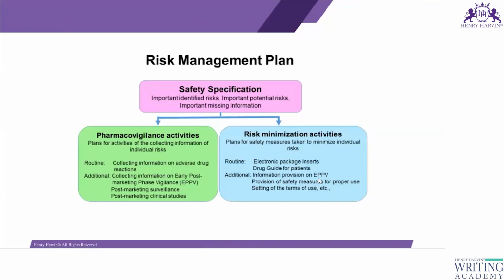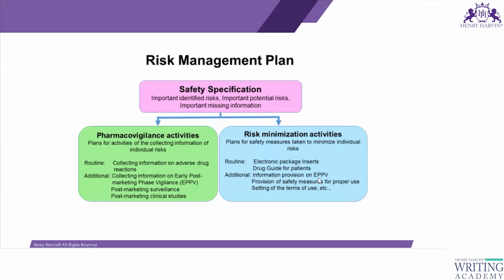Okay, so now the risk management plan contains the safety specification, that is, the information about important identified risks, important potential risks, and important missing information. This information is divided into two parts: pharmacovigilance activities and risk minimization activities.